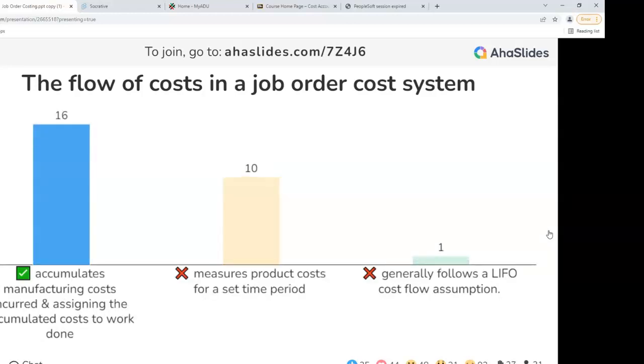So the answer, yeah, it's not this one. Measuring product cost for a set period of time, that's a process costing system. It measures product costs for a period, but a job order cost system has nothing to do with time. Okay, any questions?